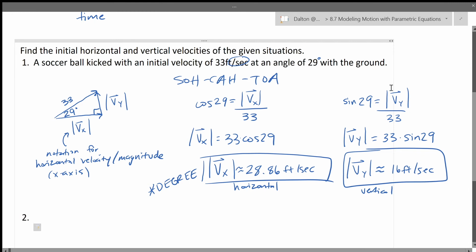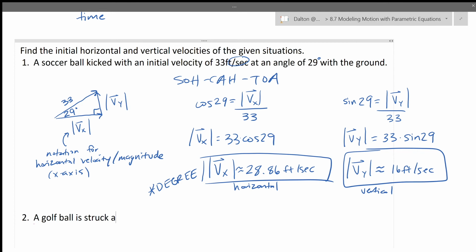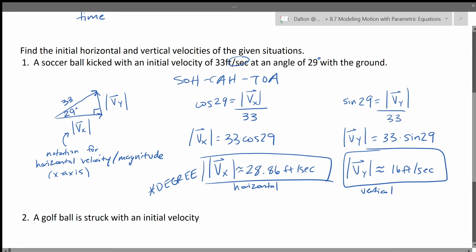I want you to find the initial horizontal and vertical velocities of a situation in which a golf ball is struck with an initial velocity. Sometimes, by the way, you may see that as v sub 0 for initial velocity.